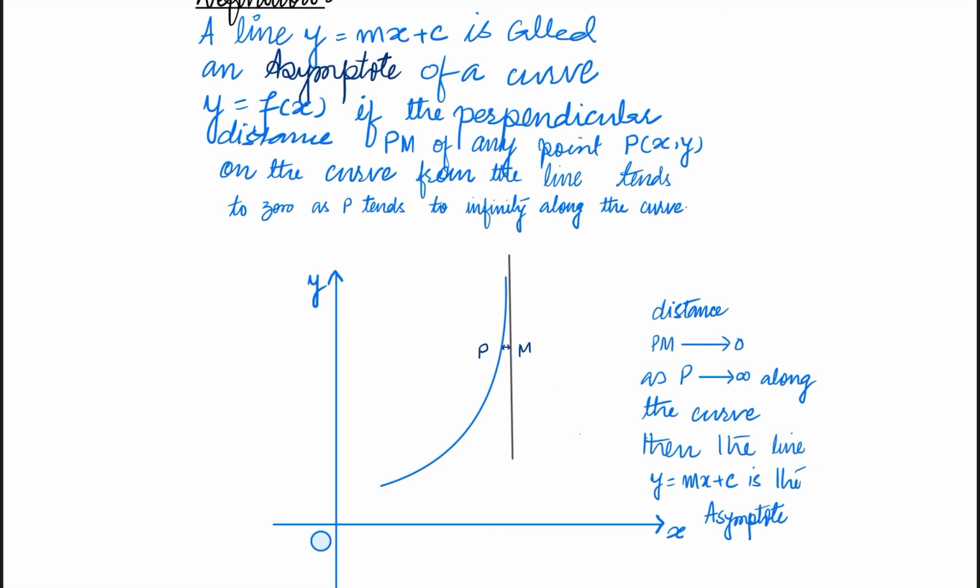So it is not correct to say it's a tangent at infinity, because whenever we talk about infinity, it is meaningless in mathematics. It has no meaning. So always keep in mind that if the distance between the curve and the straight line goes to 0 as P goes to infinity along the curve, then this straight line is called an asymptote.